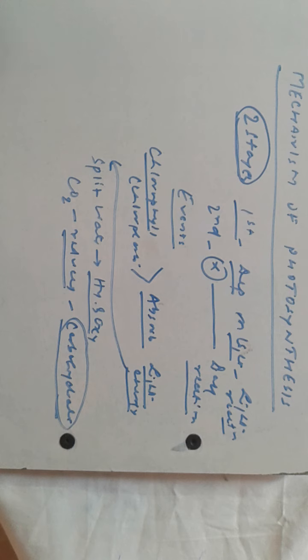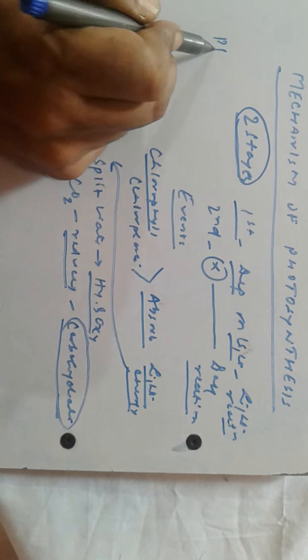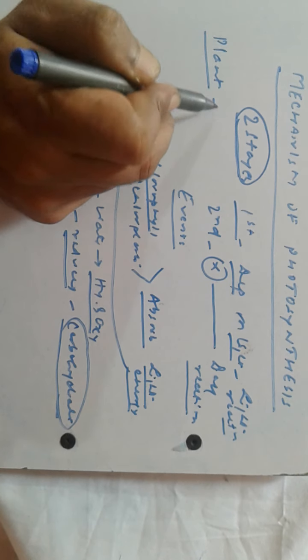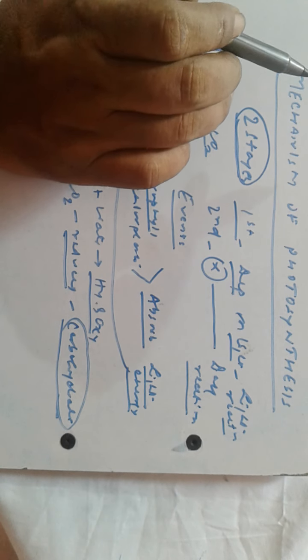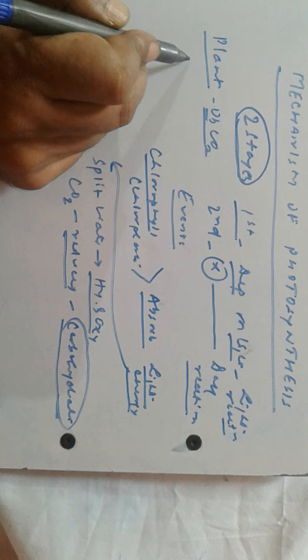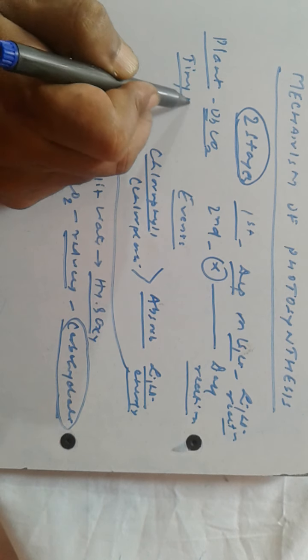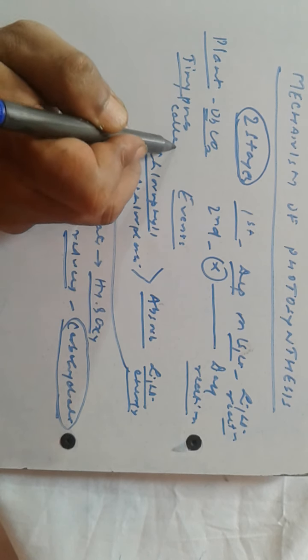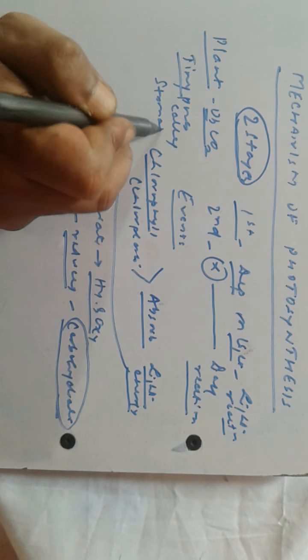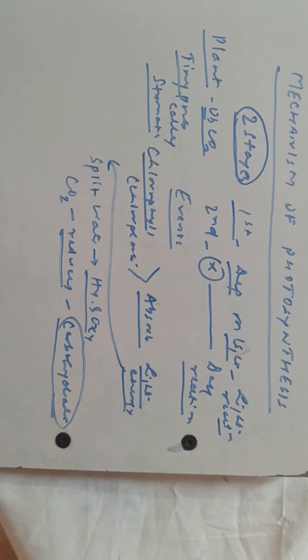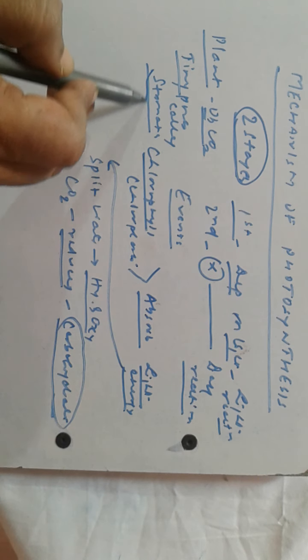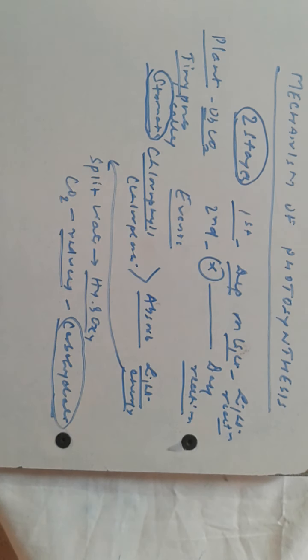So we all know that plants obtain CO2. How do they obtain CO2? They obtain CO2 through tiny pores called stomata, and they are present on the surface of leaves.